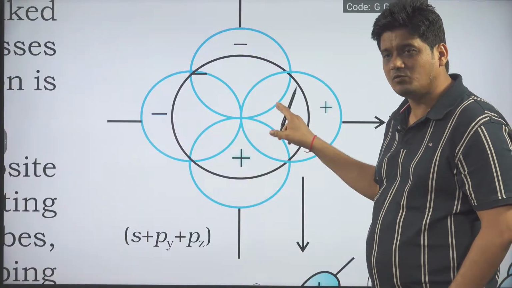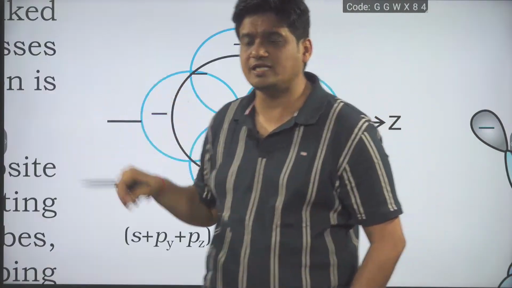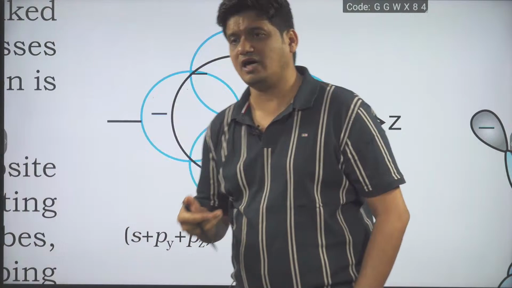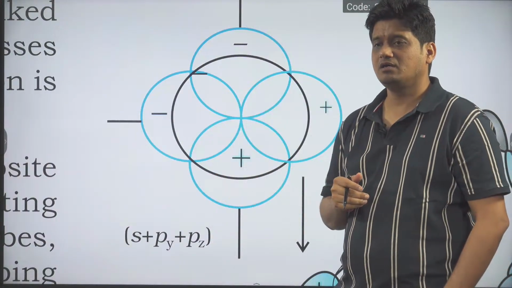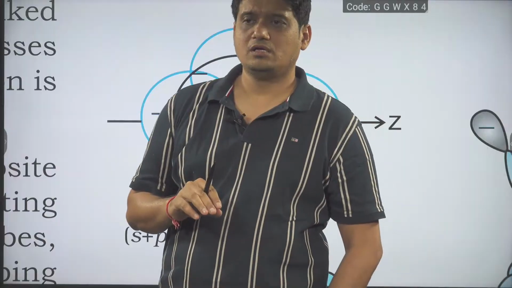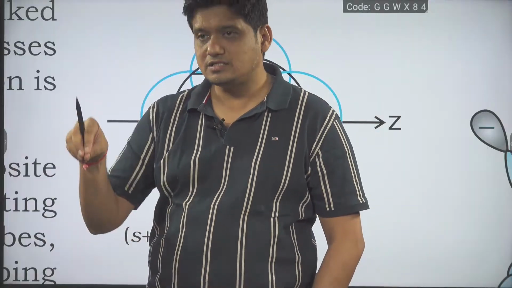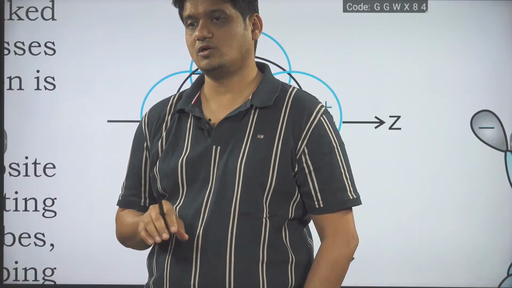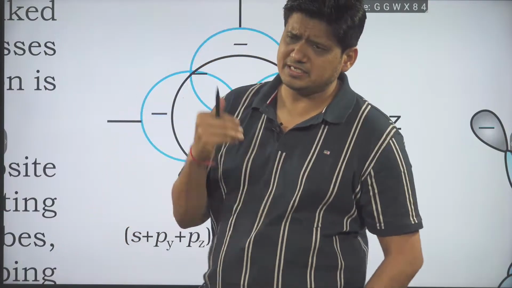So by this diagram, what they are emphasizing is that for the hybridization purpose, whatever atomic orbitals are used, they belong to the same atom. Got the concept or not? Sir, why is it important?